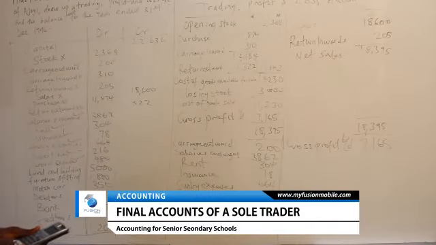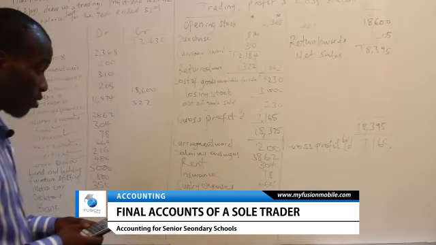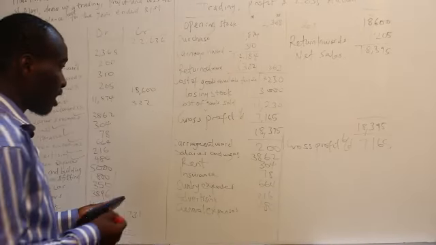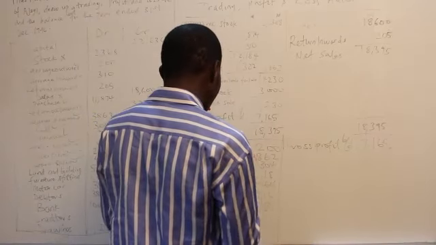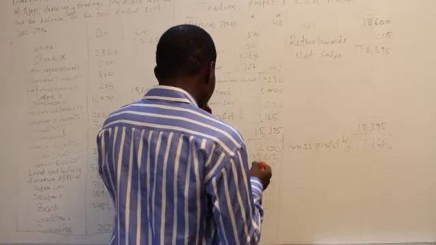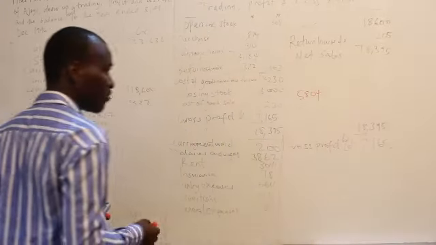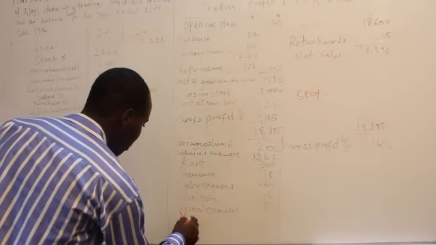So we can add all the total expenses: 200, 3,862 plus 304 plus 78 plus 664 plus 216 plus 480. That gives us 5,804.